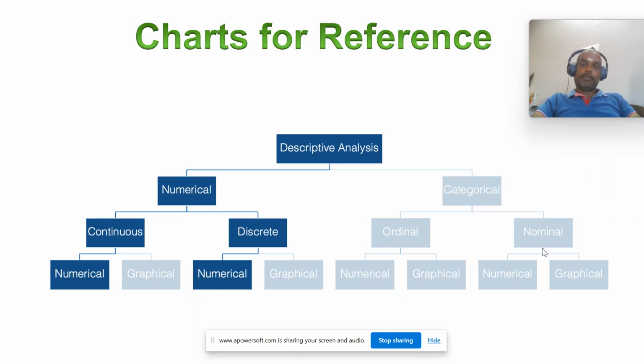For example, if there are 30 students who scored marks in the range of four buckets: 0 to 30, 30 to 50, 50 to 80, and 80 to 100.